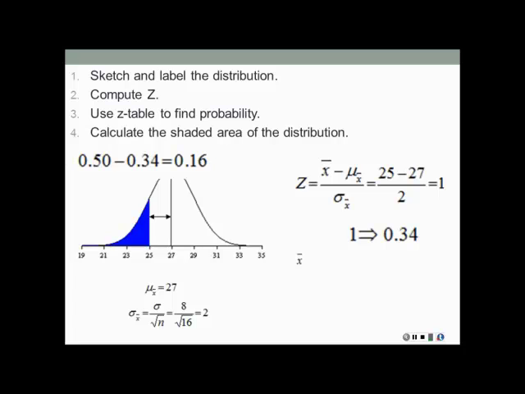And then to get the shaded area, 0.5, because that's from the mean down, minus this 0.34 will give us 0.16. If you're looking through the table, it's going to be 0.5 minus 0.3413, and you'll get 0.1587, which is pretty close to 0.16.